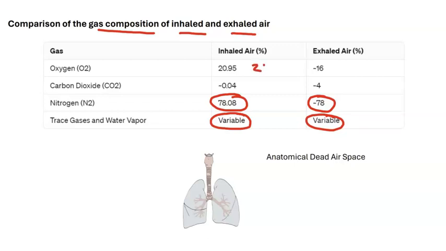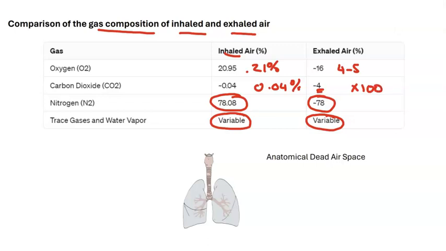Of the approximately 21% of inhaled air which is oxygen, approximately 4 to 5% of that is removed for gas exchange. Carbon dioxide, on the other hand, in inhaled air is approximately 0.04%, and this increases to 4%, which is an increase of 100 times.